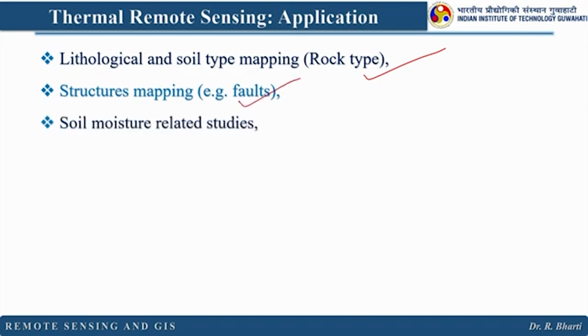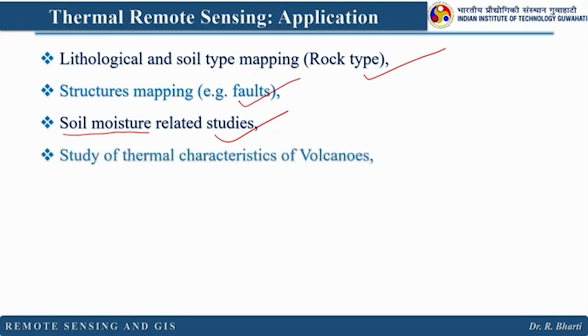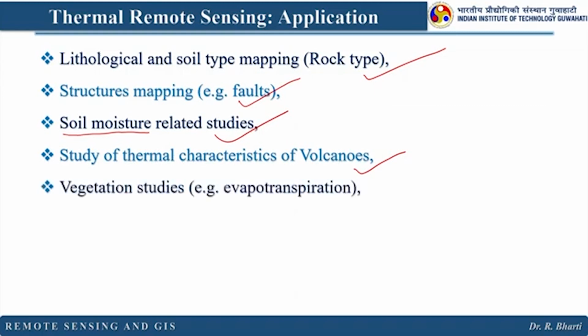Then soil moisture related studies, because if you have soil moisture, that means temperature will be different. Then study of thermal characteristics of volcanoes. So you can estimate the temperature of the volcano, because if you see the classification of volcanoes based on temperature and other parameters, their names are different, right.